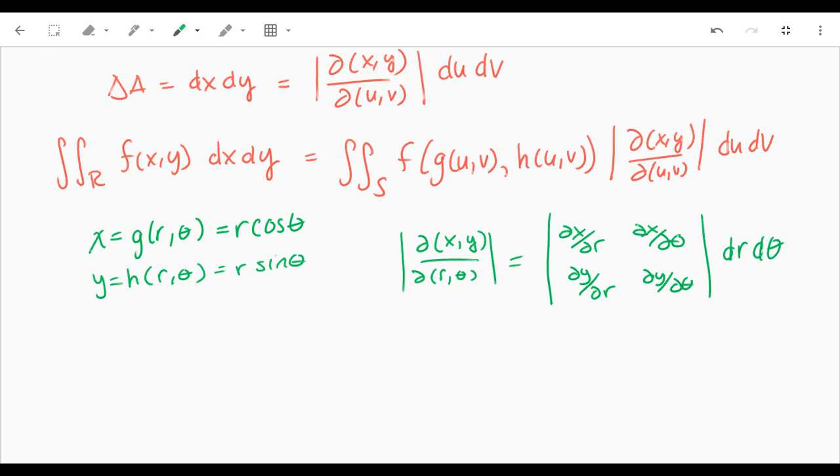Okay, so dx dr is cosine theta. Dx d theta would be negative r sine theta. Dy dr is sine theta. Dy d theta would be r cosine theta.